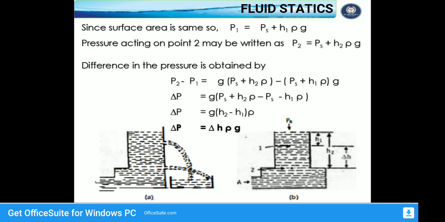Therefore, delta P is equal to G into (H2 minus H1) into rho. And the final equation is delta P is equal to delta H rho G. This equation gives an expression for the pressure difference between the two layers of the liquid in a steady state.